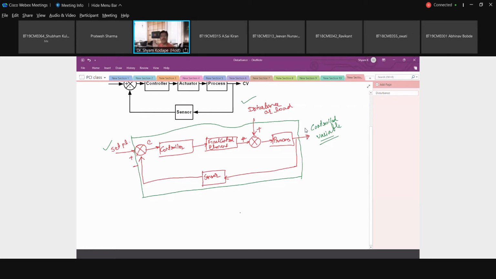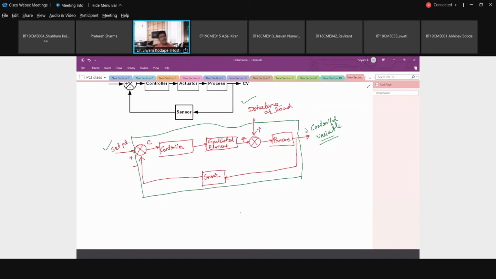The AC room is closed, everything is closed, okay? Say it is well insulated. So at steady state, whatever temperature I have set on the AC, say 25 degrees centigrade, the sensor is showing 25 degrees centigrade, at steady state I am talking about.